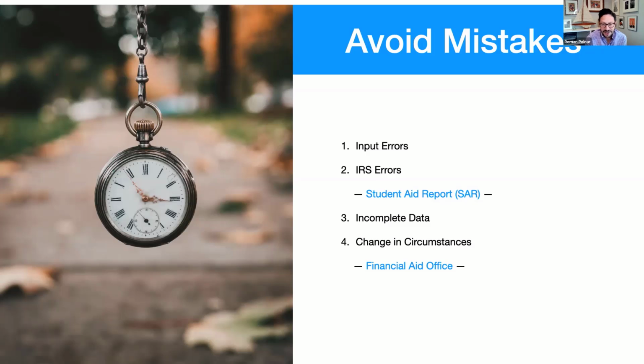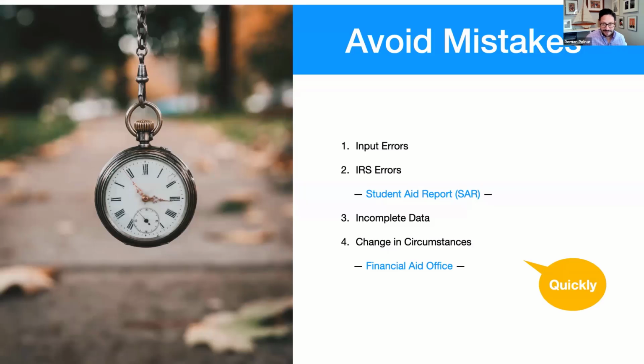Unless you tell colleges that your income is different today than it was 2 years ago, they will never know. And so you have to reach out to the financial aid office at each one of the schools to let them know that there is a change in your financial circumstances or in your family circumstances, and they will work with you to adjust the FAFSA's expected family contribution.